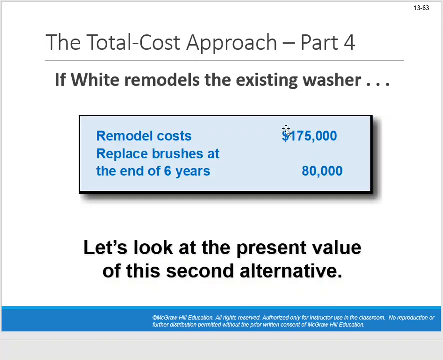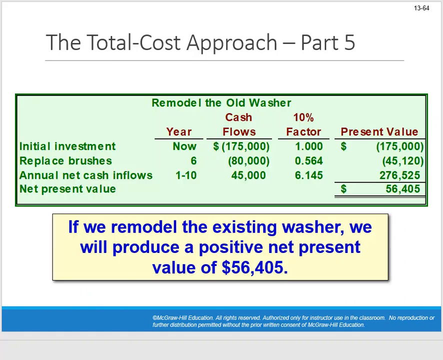On the other hand, if we remodel the existing washer, we're going to have to pay $175,000 in remodeling costs, and we're going to have to replace the brushes at the end of year 6. So again, we lay it all out using our same format, $175,000 now, $80,000 at the end of year 6. So you're going to PV of a dollar, the first table, row 6, 10% column, we get 0.564.